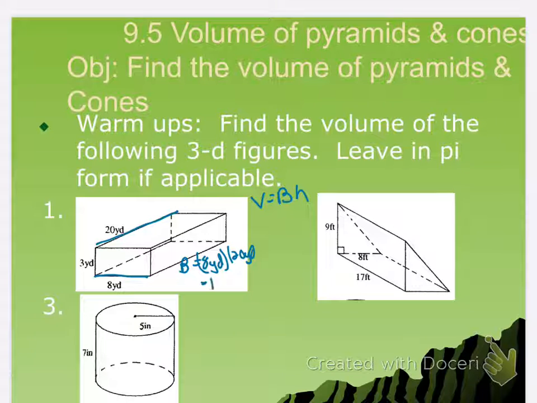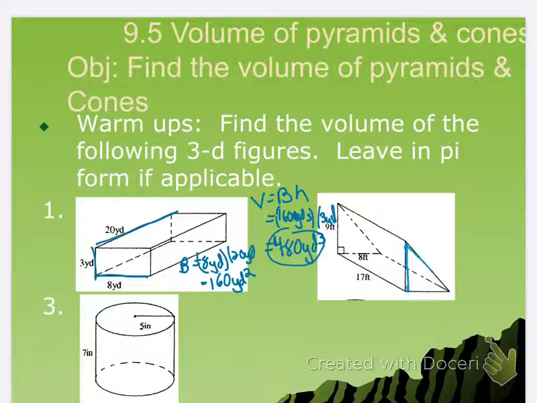That gives me 160 yards squared. So we have 160 yards squared times my height of 3 yards, which gives me 480 yards cubed.